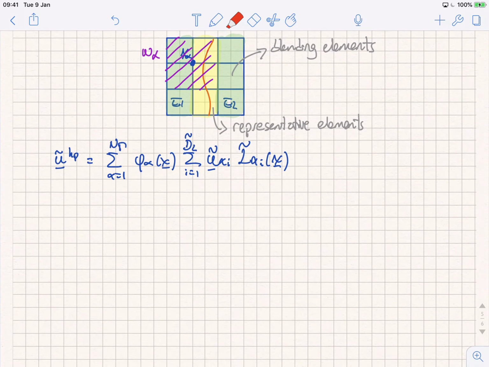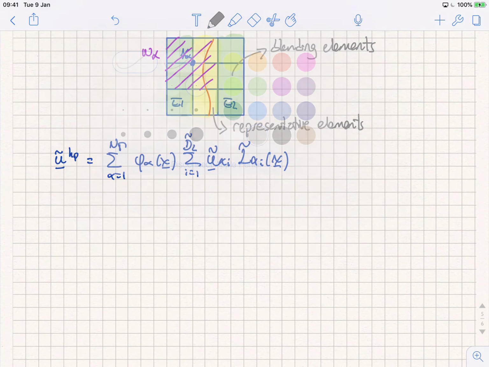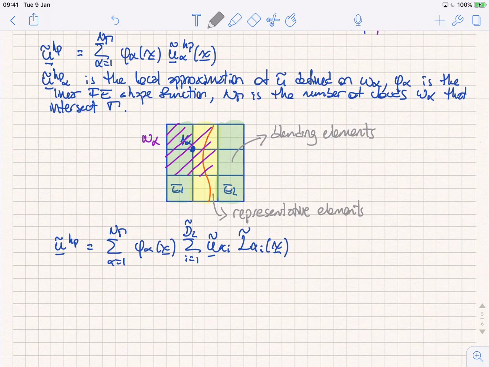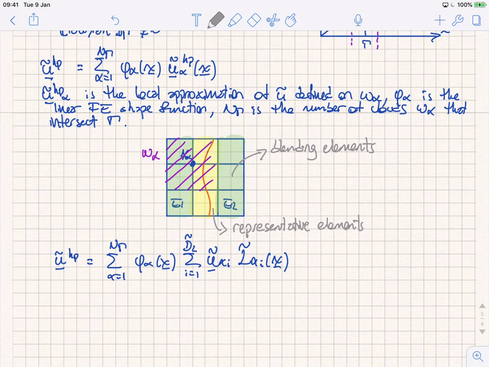Notice that even though I have almost the same terminology here and here, this one is actually my enriched degree of freedom, which you can also call generalized degree of freedom.